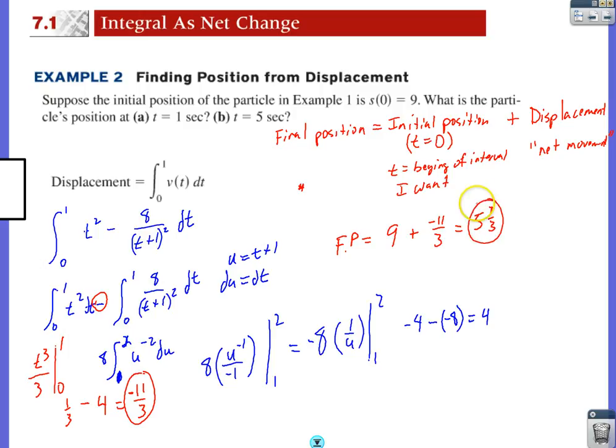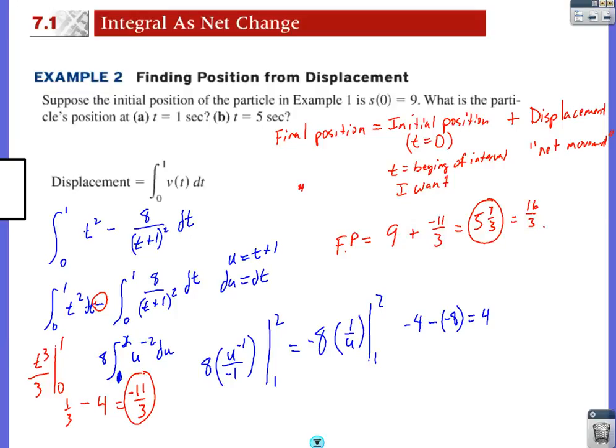That's my new position, which is equal to 16 thirds. Wow, all that work for just that. 16 thirds, that's my new position.